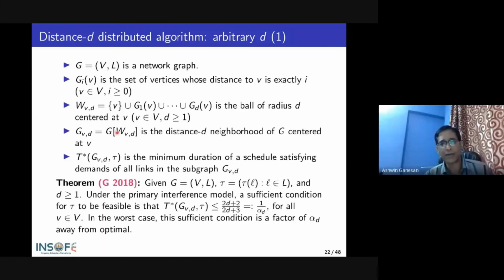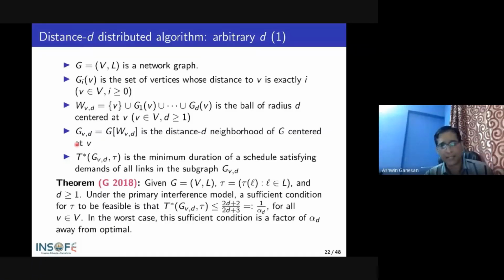Now you take the subgraph of G induced by that ball, and you get the distance d neighborhood of G centered at V. Then you find the fractional chromatic index of that particular edge-weighted subgraph.